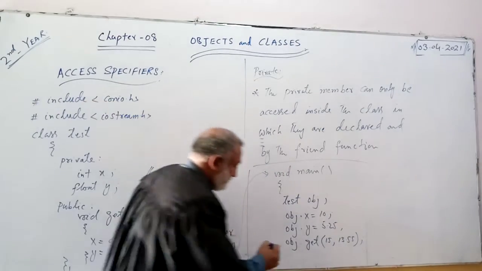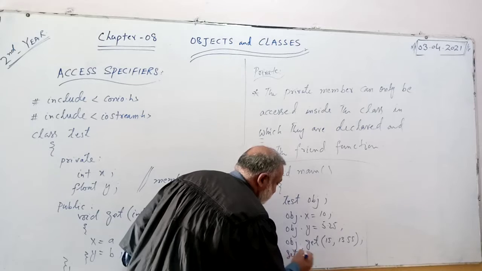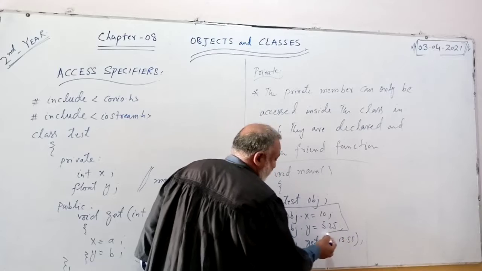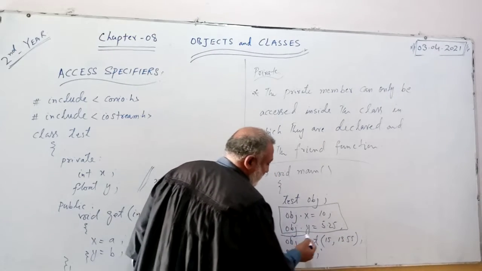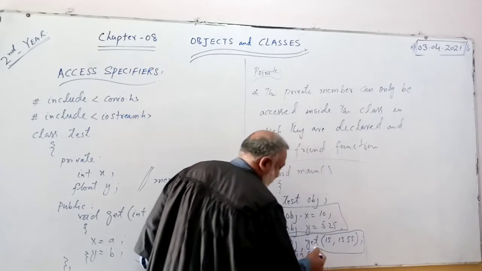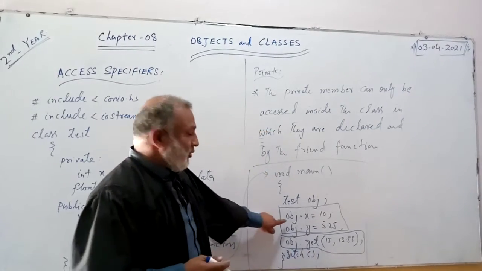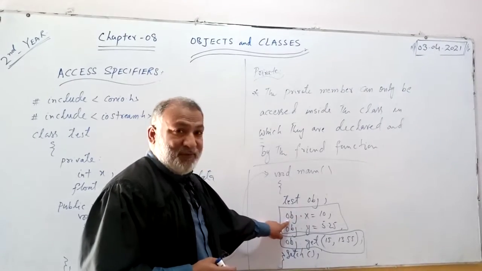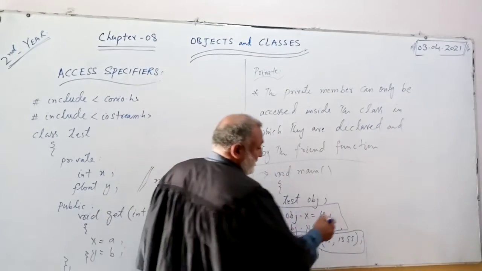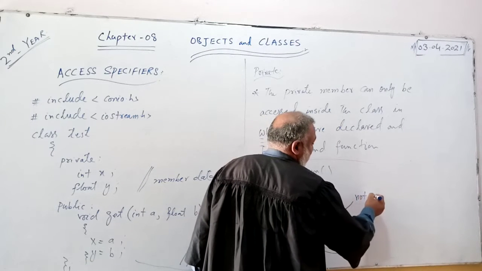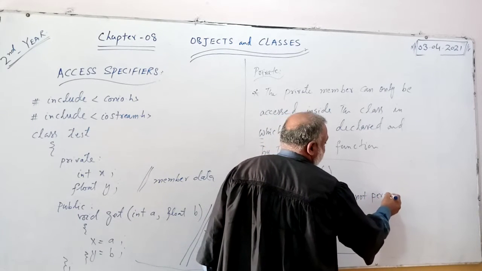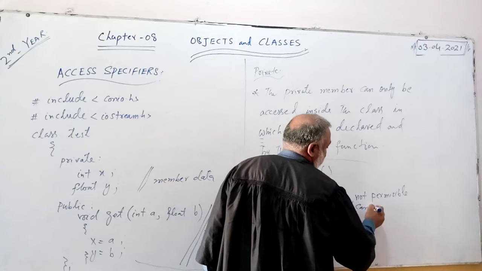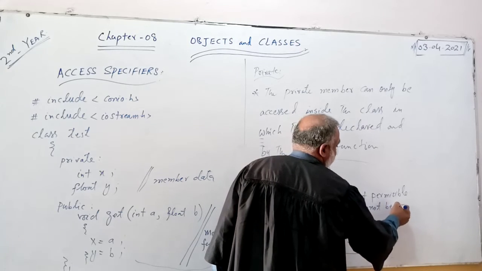See, here and here you are going to access the private member data with the help of the object of the class, which is not possible, not permissible, and cannot be accessed.